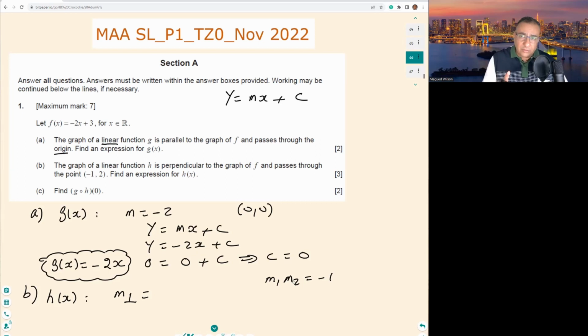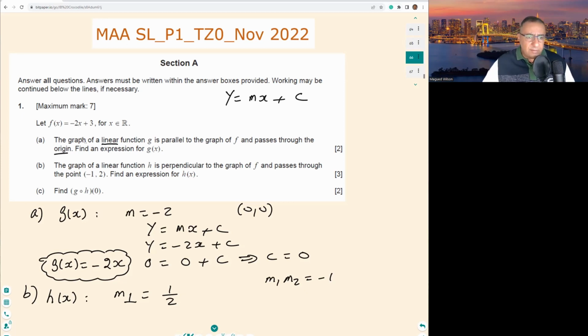So the product of the two gradients of two perpendicular lines always has to be -1. Here the gradient of f is -2, so the slope of h is going to be 1/2, because I changed the sign and flipped the 2.